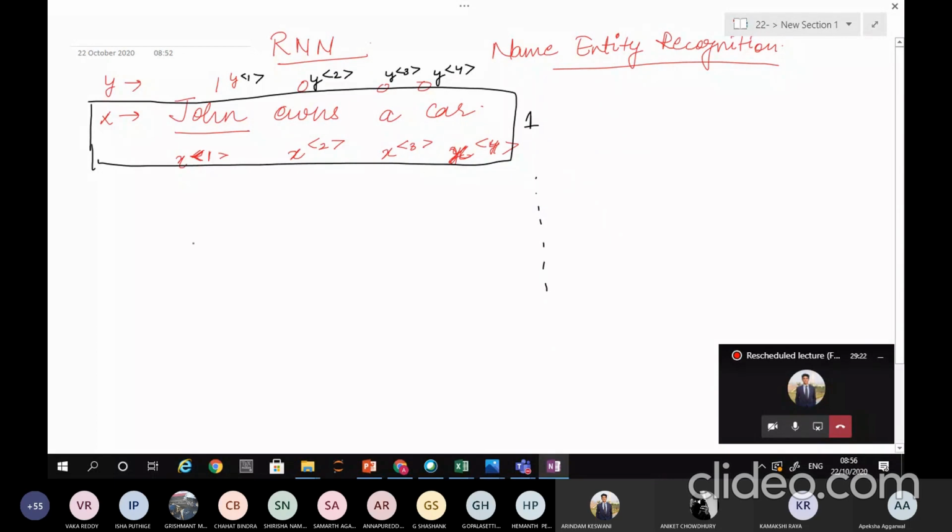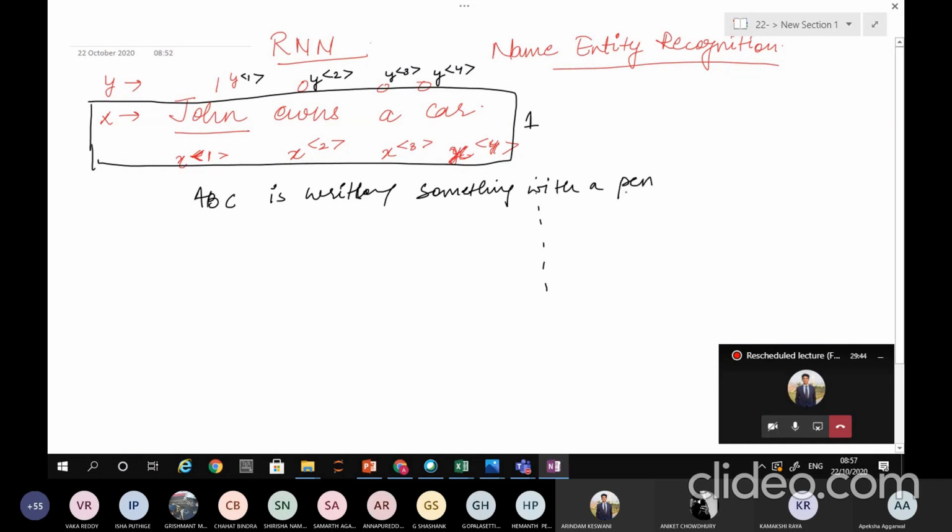For example, the first was John owns a car, and the second was some other sentence, let's say a person is writing something with a pen.